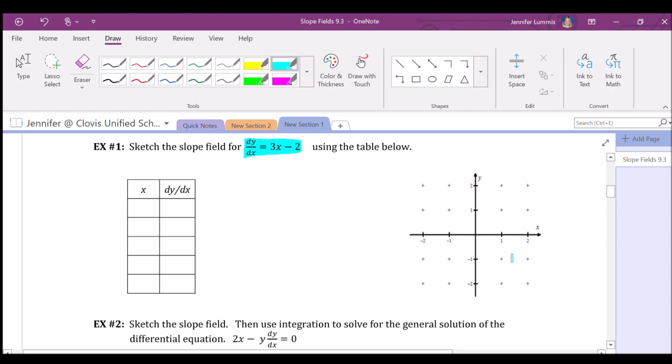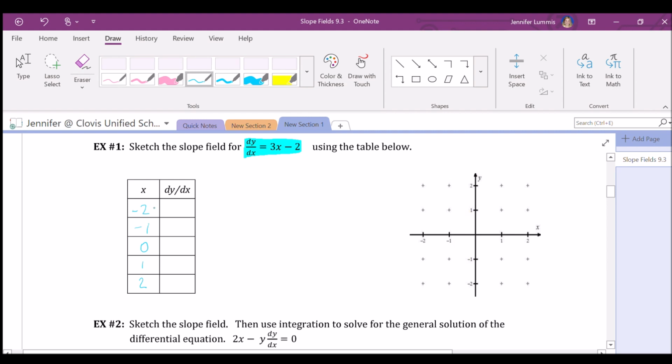Looking at my table here, I have x values of -2, -1, 0, 1, and 2. So I'm going to plug those 5 values into my chart here, and we're going to calculate what slope we would get from that.